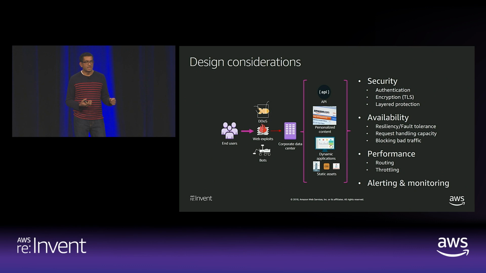On the availability side, how do you make it fault tolerant so that it's available? How do you handle the request capacity? How do you keep it performant so that when you have users across the globe, they are able to access it? So how do you route those users? And how do you throttle the bad users? And then having the visibility, the alerting, the monitoring, and the alarming so that you can fine-tune your security and availability and know what's happening.